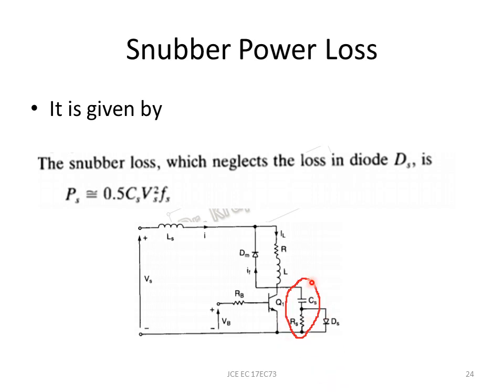These two elements are used to find the power loss, and it is given by half Cs, that is 0.5 Cs into Vs squared, because the capacitor will charge to Vs, into Fs. So it is proportional to Vs squared times Fs. The power loss needs to be found using this formula.